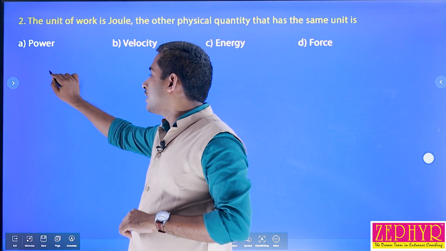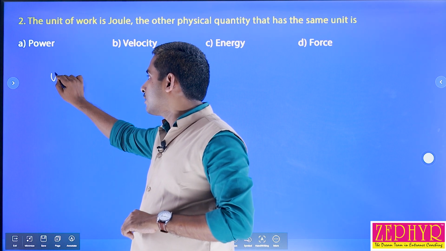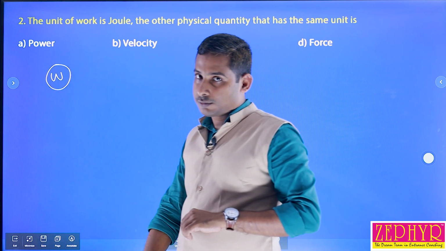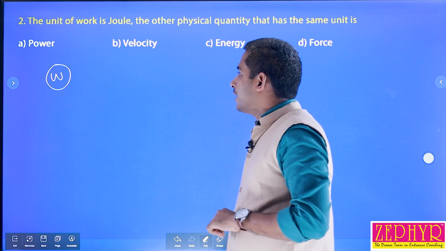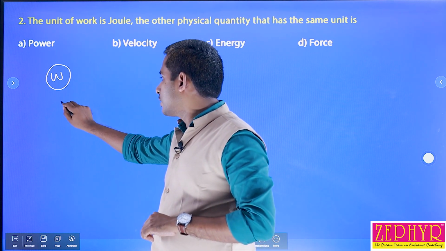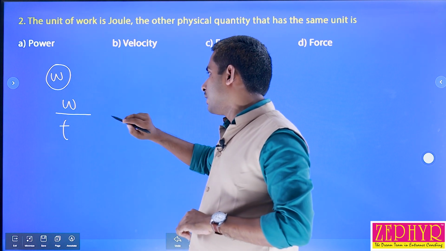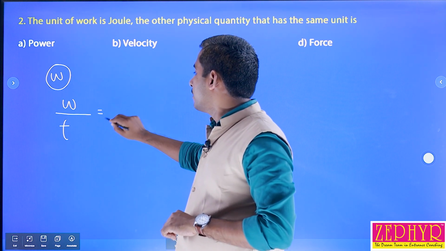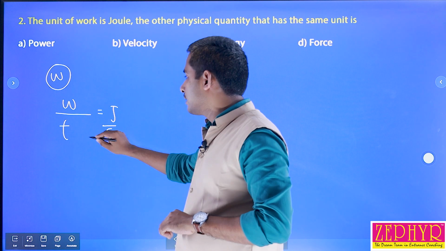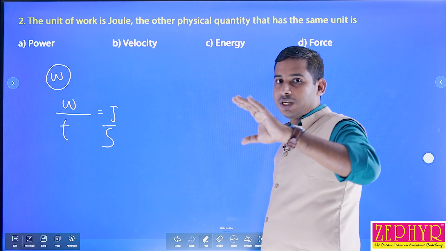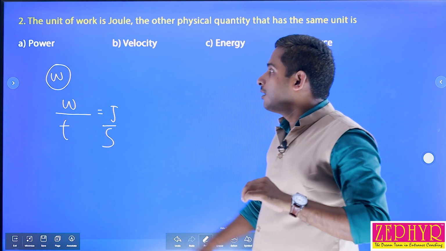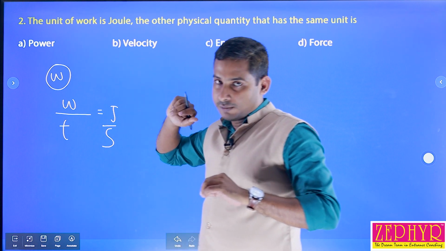The unit of power is watt, which is also joule per second. How? Because it is work by time, so that becomes joule per second. Like this we can relate the unit of power.